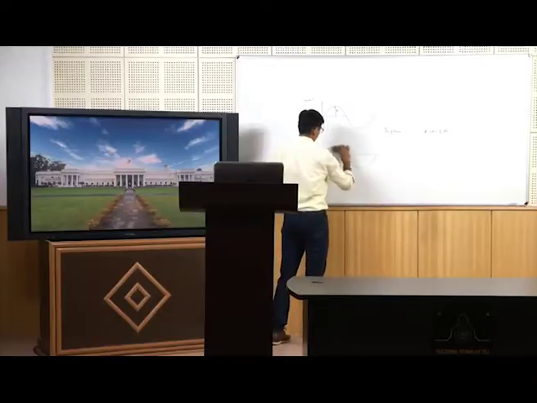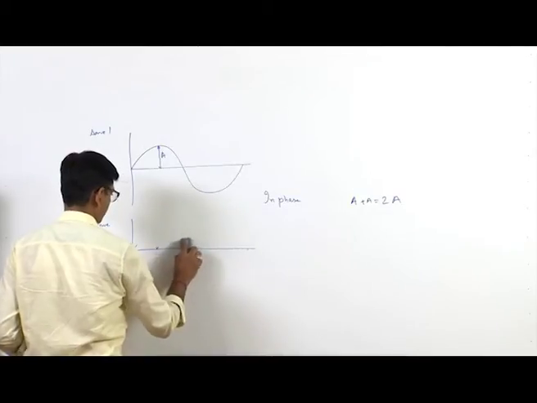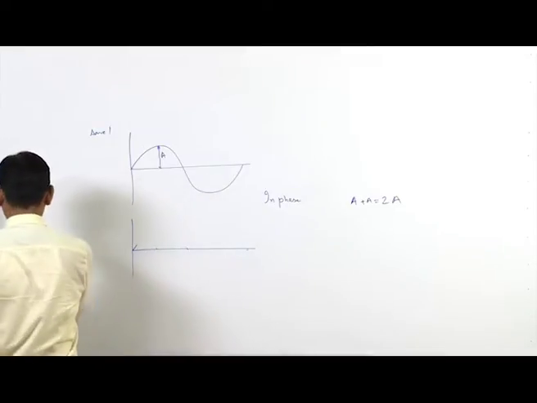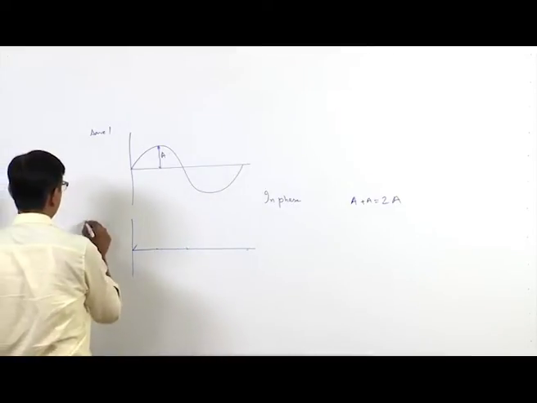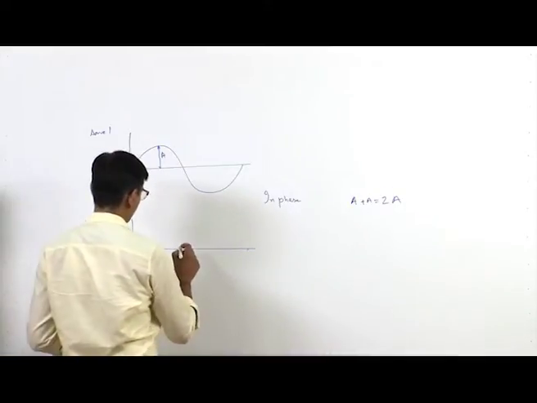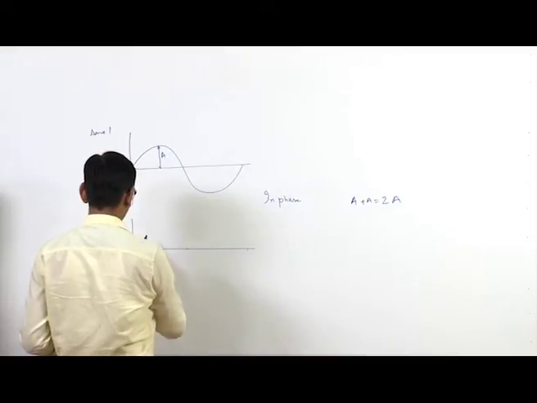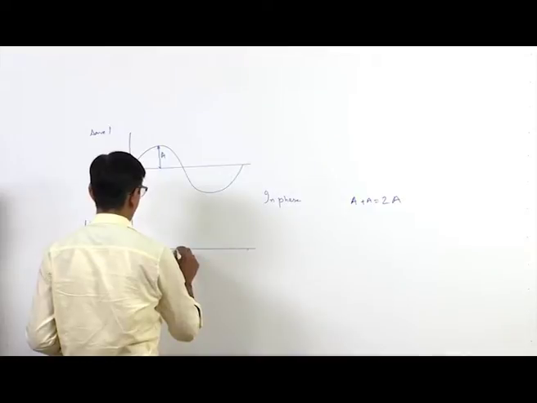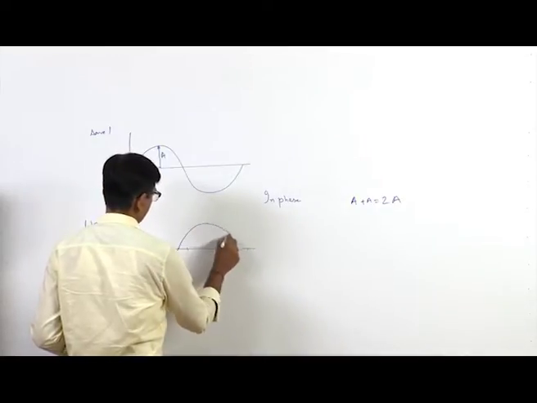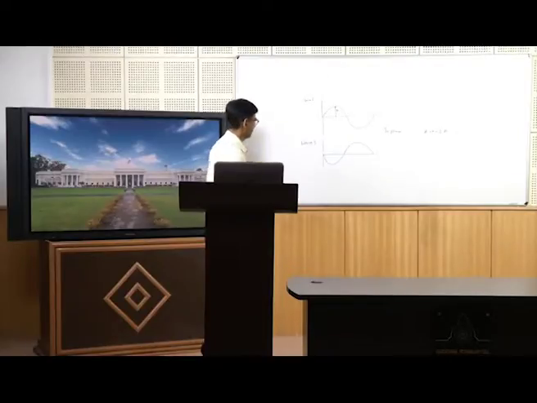So, let us say this is our third wave here. So, now I am calling it wave 3, okay, and now this is not in phase, and where the maxima is coming, let us say we have minima here, okay, and then it is going like this. So, it is completely out of phase, okay.